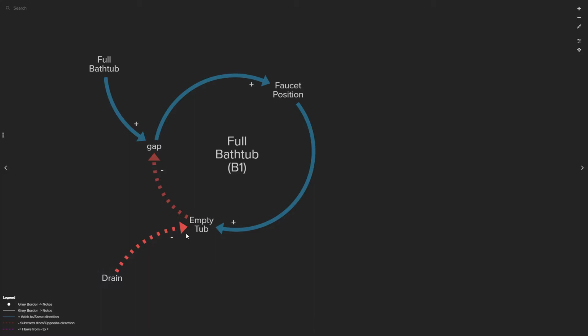So this is a subtracts from rather than an opposite direction. So the two relationships are the influencing relationship being, if this is not a stock, then it changes in the same direction, so that if you increase the influencing element, the influenced element increases, and if you decrease this, this decreases.